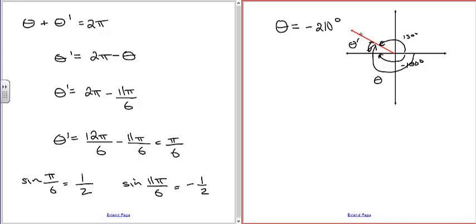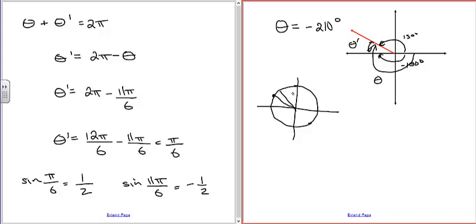Well, you could use the unit circle and find out where that is on the unit circle. So if you look at the unit circle and this angle, for the same reason, if you go negative 180, you go another 30 degrees, you're at this point right here.